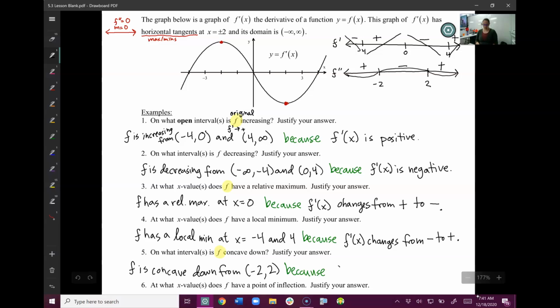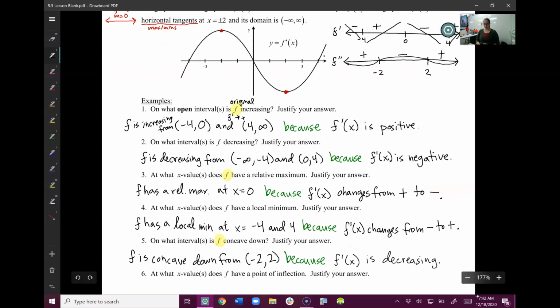So we have to say because f prime of x is, what is f prime of x doing from -2 to +2? Well, it's decreasing. I know f is concave down because f prime is decreasing. I'm referencing what I've been given.